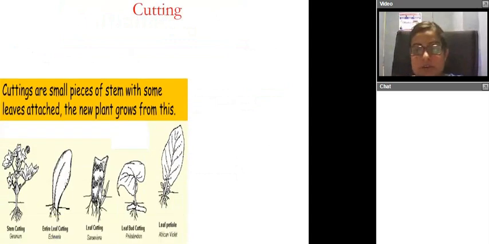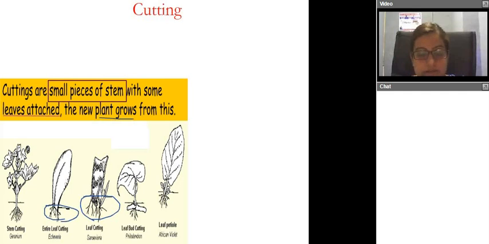First is the process of cutting. What are cuttings? Cuttings are small pieces of stems. They have some leaves also attached to it. New plants grow from these stems. We can see all these are the cuttings.